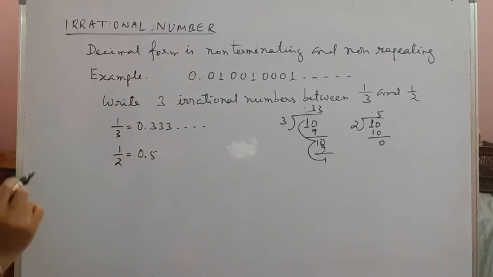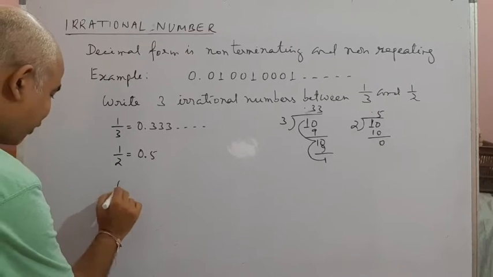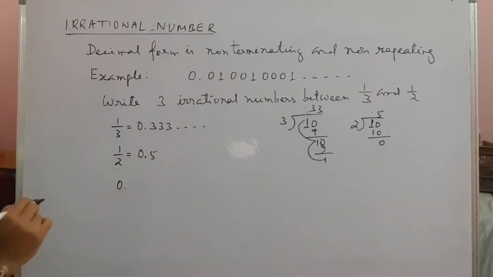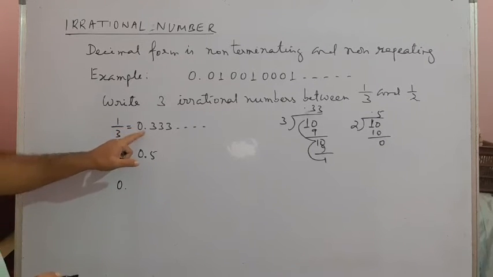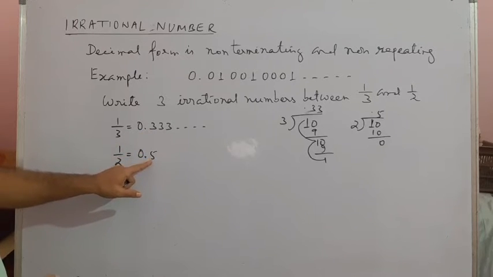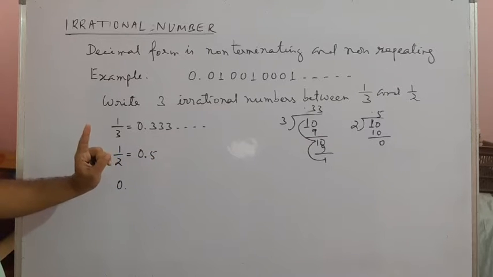See how to write it. First of all, in your given rational numbers, in the decimal place, what are the first two digits? One is 3, one is 5. So between 3 and 5, we can have at least one digit.